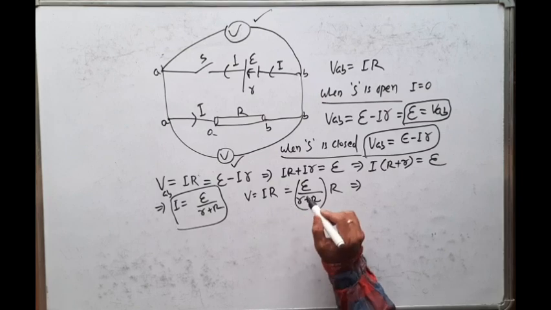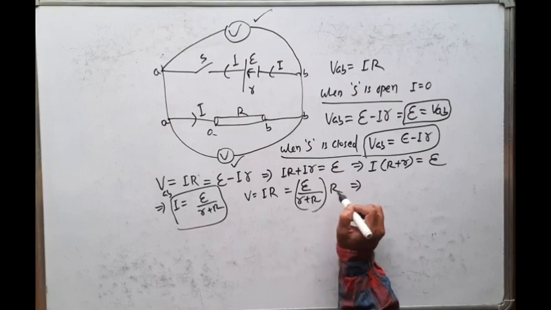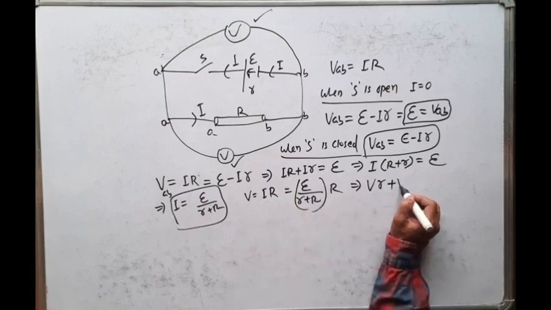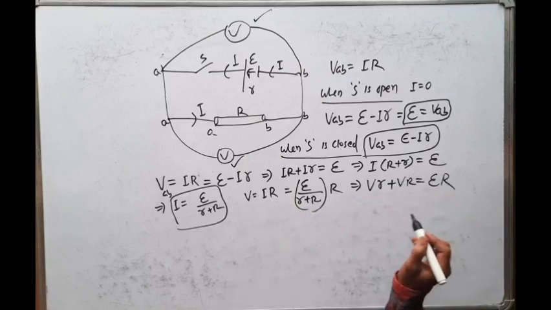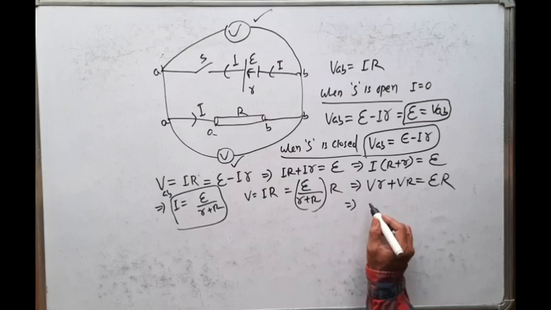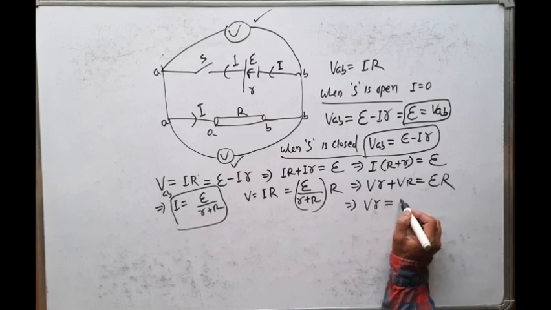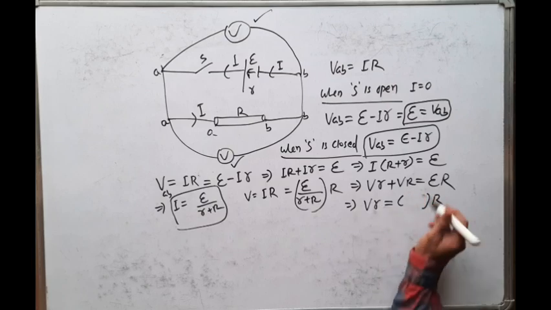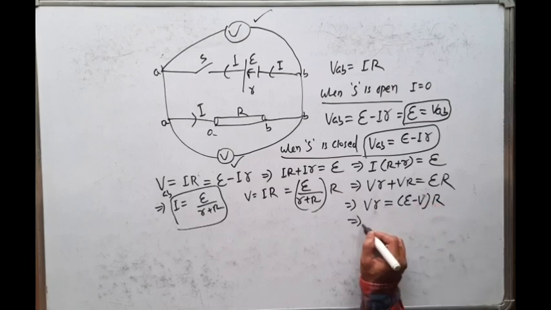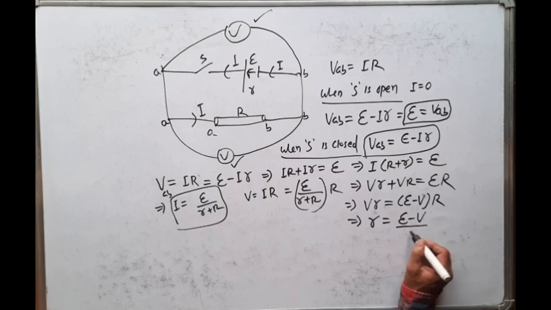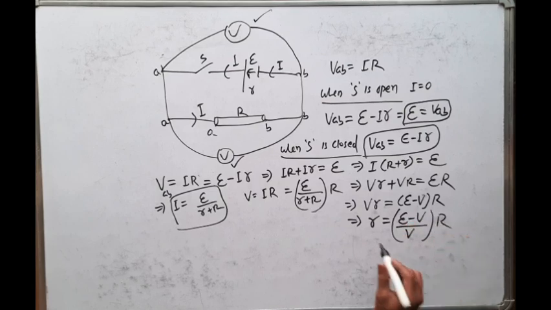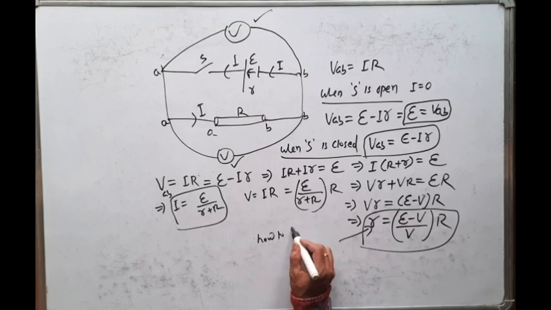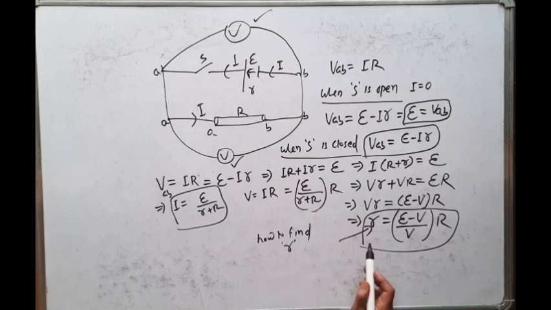So V is equal to IR, and in place of I, you write E by R plus r into R. So V into r plus V into capital R is equal to E into R. That implies V into r is equal to, taking R common, E minus V into R. That implies small r is equal to E minus V divided by V, whole into R. This is the method to find the internal resistance of a battery.